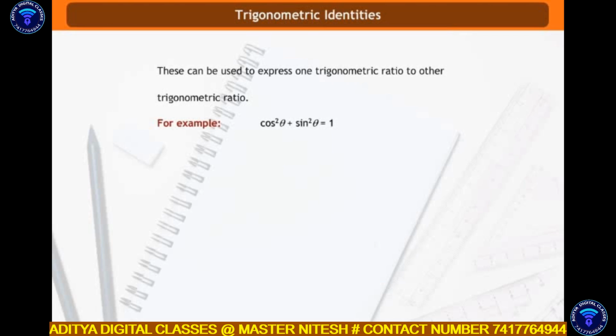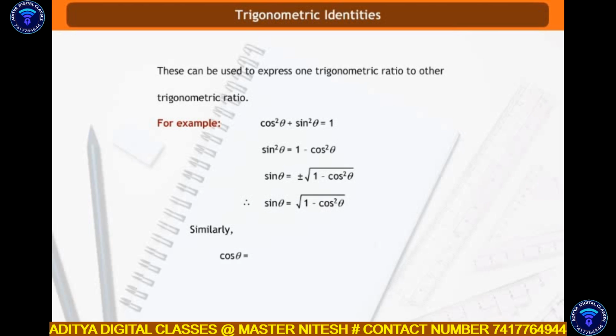For example, cos²θ + sin²θ = 1, or sin²θ = 1 − cos²θ, or sin θ = ± √(1 − cos²θ). Therefore, sin θ = √(1 − cos²θ).